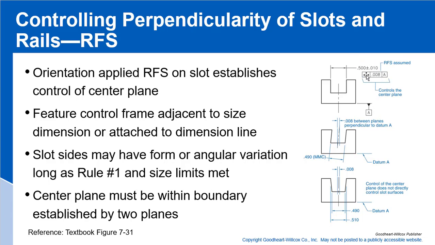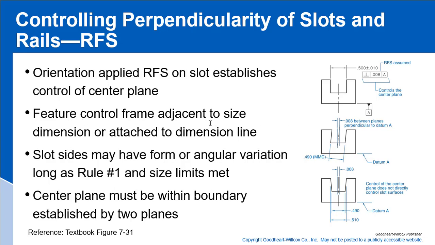We have the perpendicularity tolerance applied to the dimension, so it's applied to a feature of size. Since it controls the center plane of the axis, what we have is 8/1000ths parallel planes perpendicular to datum A. That's where your center line axis has to fall, and then it has to fall somewhere between the 490 MMC and the 510 MMC. So that's what it says.